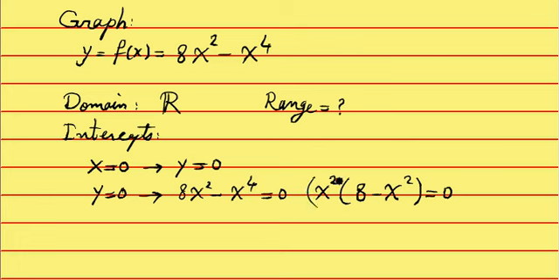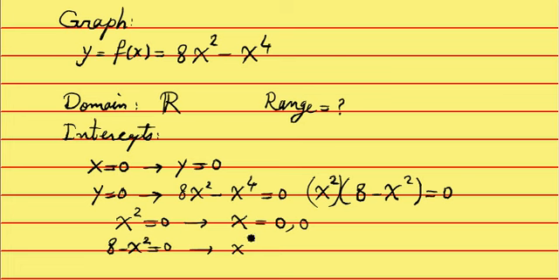Either of these two factors could be 0. Either x squared is equal to 0, which tells me x is 0. The roots here are double roots, x equal to 0, if you wish to make a listing again, another root which is also again 0. The other factor, 8 minus x squared, you set that equal to 0.